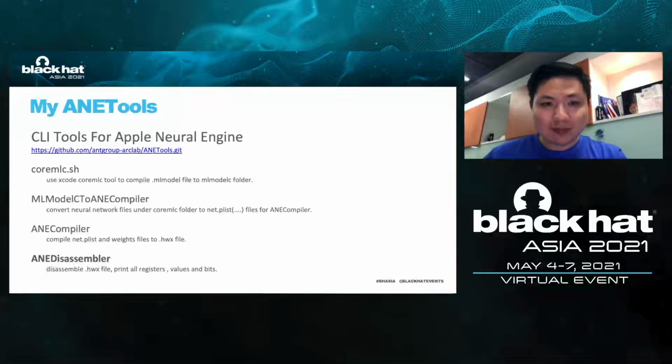The tool ML Model C to ANE compiler program can convert the files in the ML Model C folder into acceptable files for the ANE compiler. The tool ANE compiler calls the ANE compiler module to compile files such as net.plist into model.hwx files. Next, I will introduce the ANE disassembler in detail.